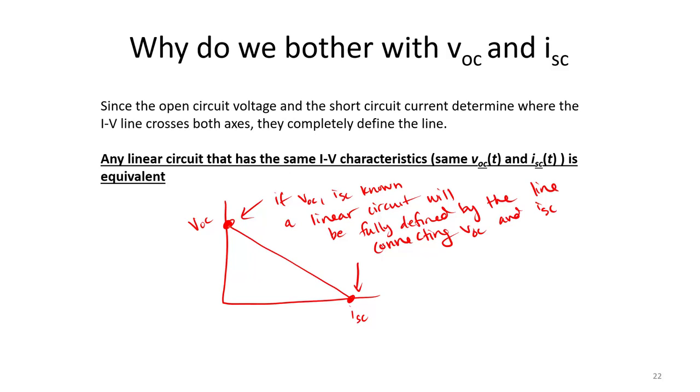So the circuit's behavior across any range of input currents and voltages will be governed by that line.